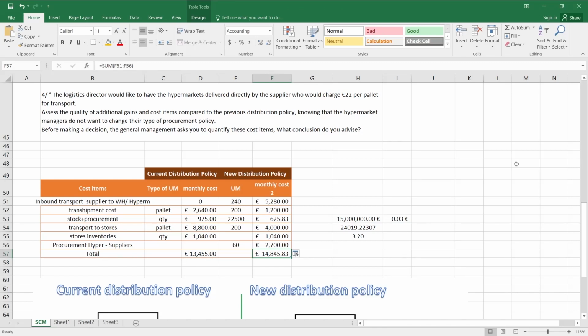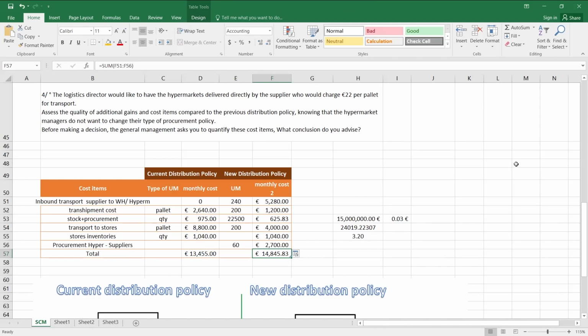So here what we can see clearly is that the overall cost of the new distribution policy is not really in favor of our supply chain cost efficiency. The overall cost of the new distribution policy is 14,800, whereas for the current distribution policy it is 13,455 euro.